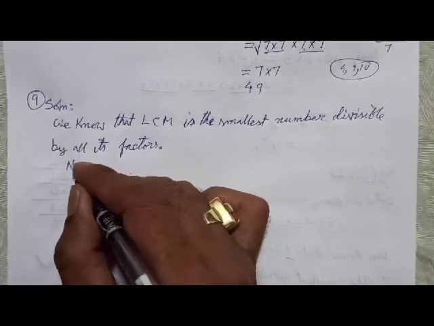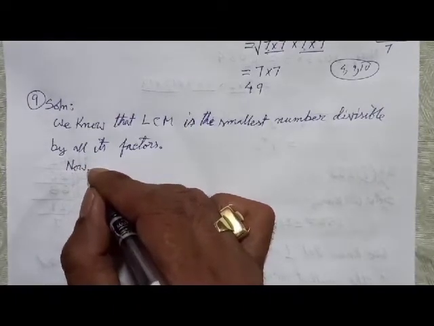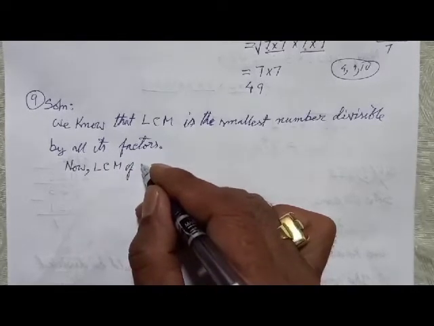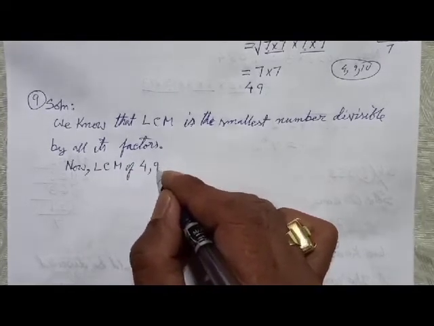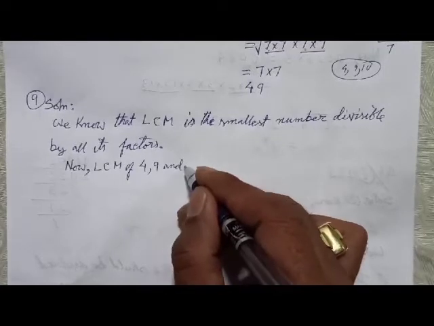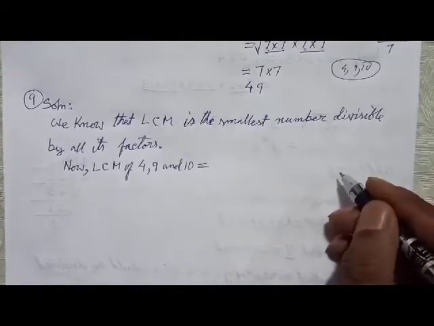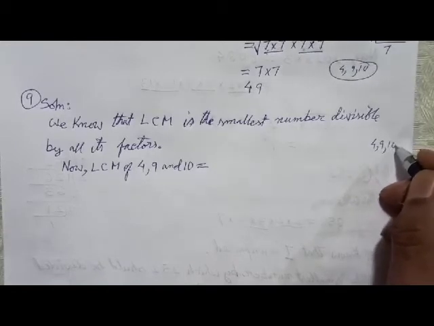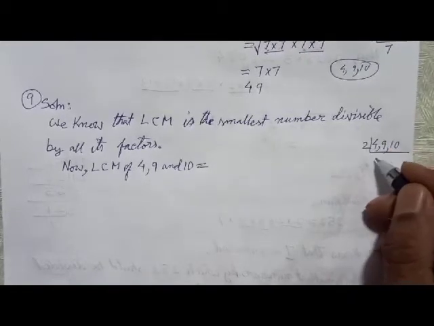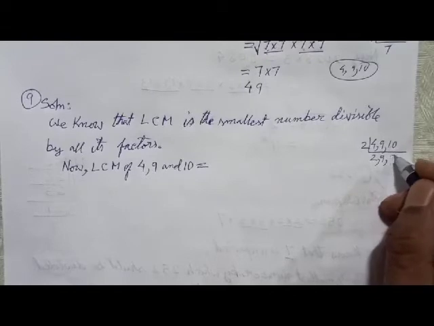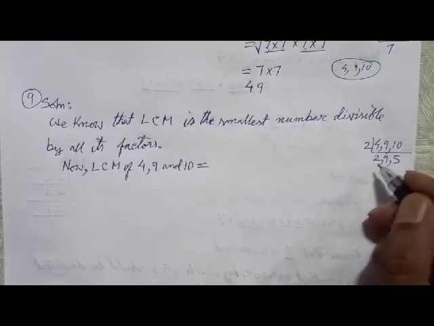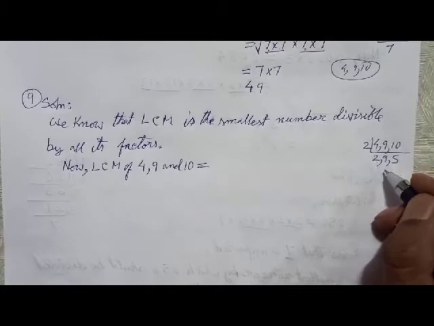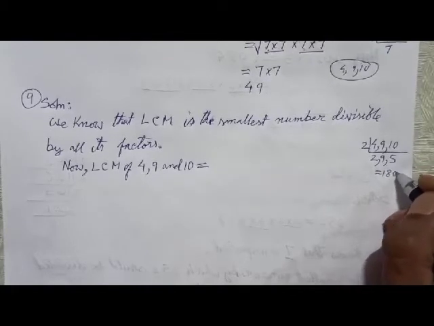Now let's find the LCM of 4, 9, and 10. Let us calculate the LCM. 4, 9, and 10. Dividing by 2, 2 2s are 4, 9, and 5 for 10. And then 5 2s are 10, 180 is what we get. LCM is 180.